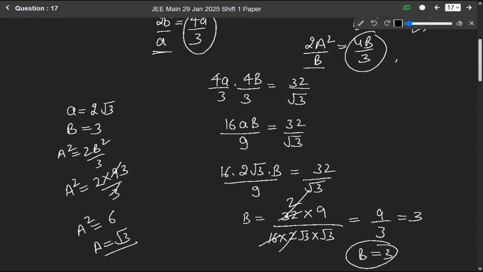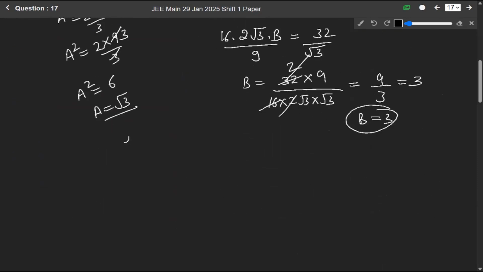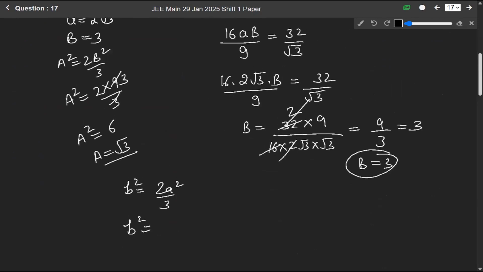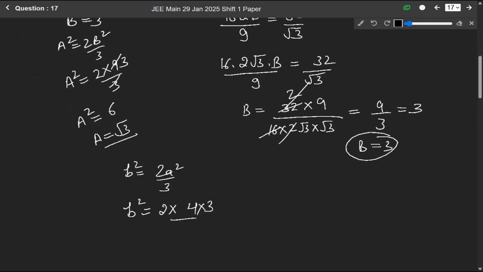Okay, and from here small b square equals 2a square over 3. Means b square will be, a is 2 root 3, 2 into 2 root 3 means 4 into 3 over 3. 4 2s are 8, means b square equals 8.